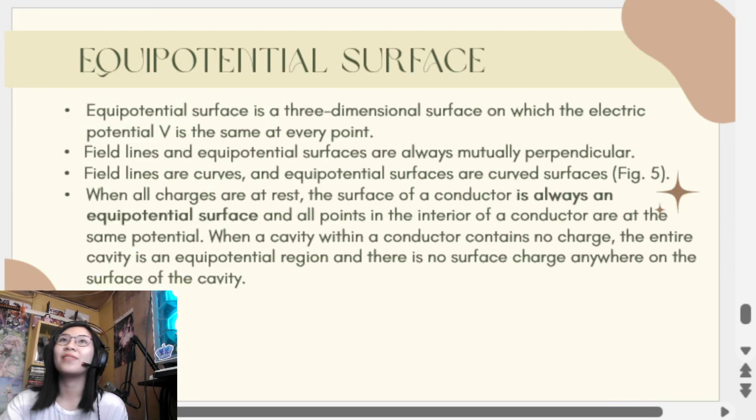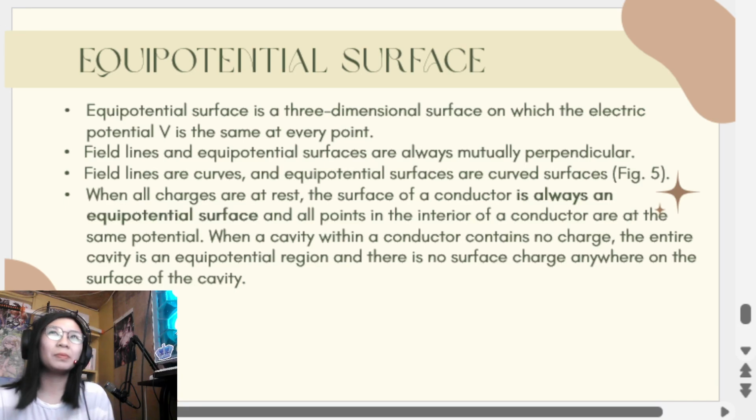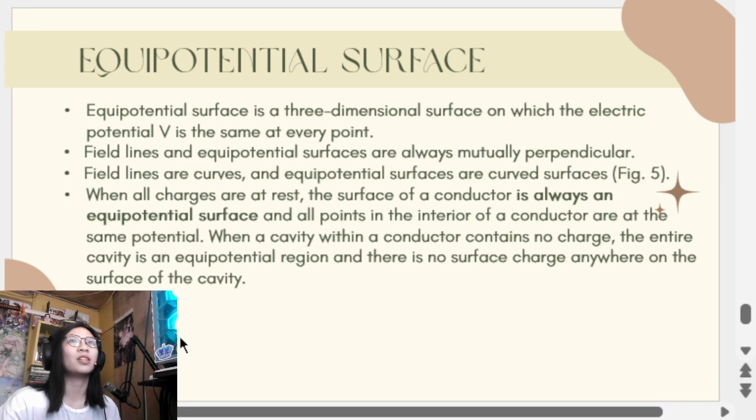Then we have the equipotential surface. An equipotential surface is basically a three-dimensional surface where your electric potential, or your V, is the same at every point. We know field lines are always radially outward or radially inward depending on whether the charge is positive or negative.